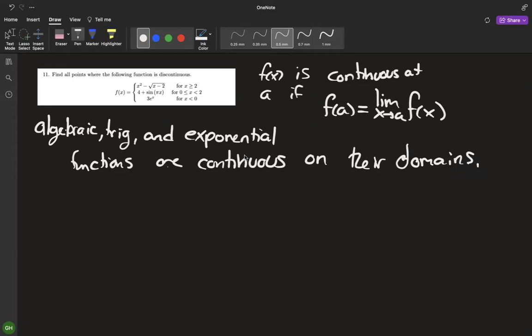This is the magic sentence that basically says I don't have to worry about all of the numbers on the number line, because if I just focus on any of these three functions on their own, they're default continuous.